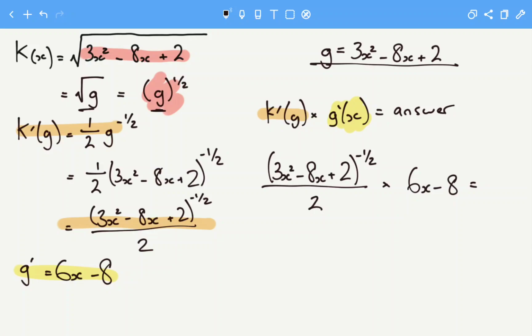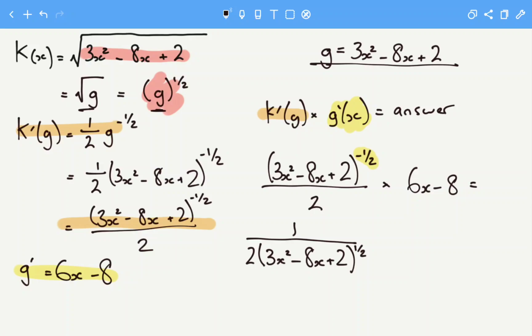Now, we know from our last video that if we have a negative exponent, we can simply move whatever has the negative exponent to the bottom. And that's how we get rid of our negative exponents.